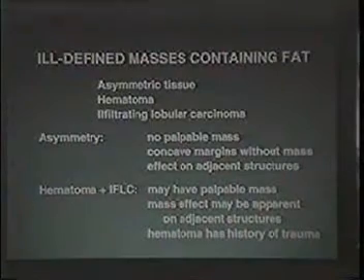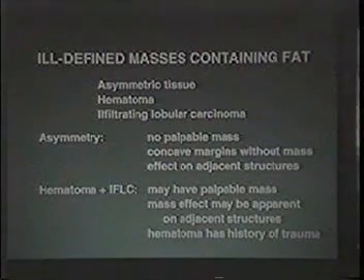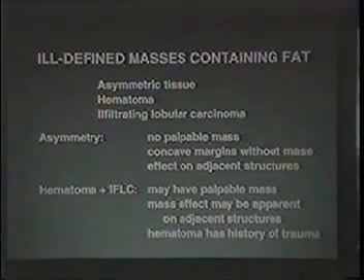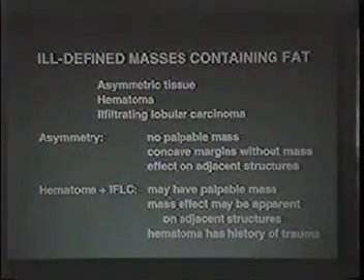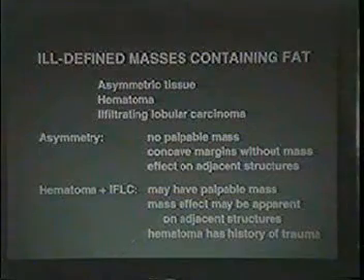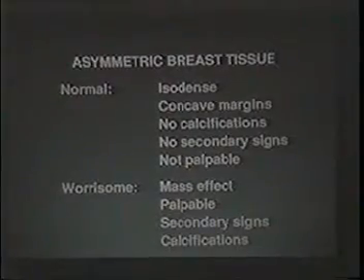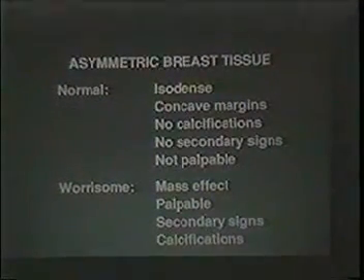This is as opposed to true masses that can look like asymmetric breast tissue, and they may have an associated palpable mass. In fact, they often do. They do have a mass effect that's apparent on adjacent structures with displacement of those structures. And if you have a hematoma causing the mass, then you usually have a history of trauma inciting the hematoma. Again, normal breast tissue is isodense, with concave margins.